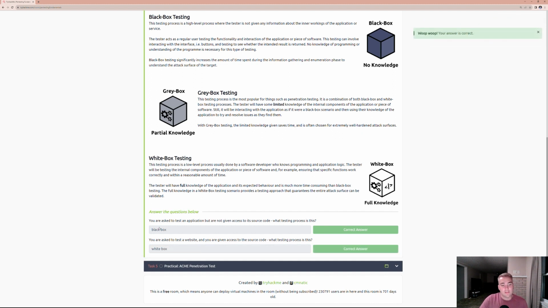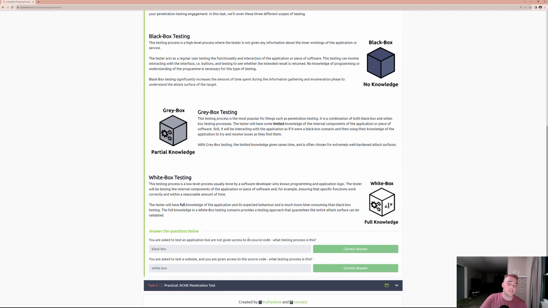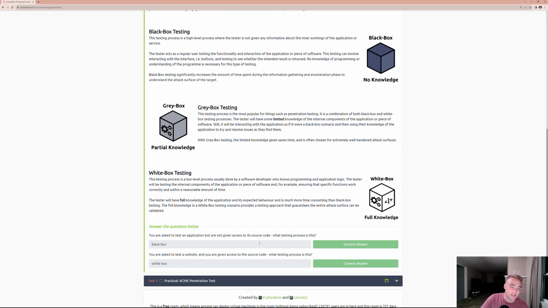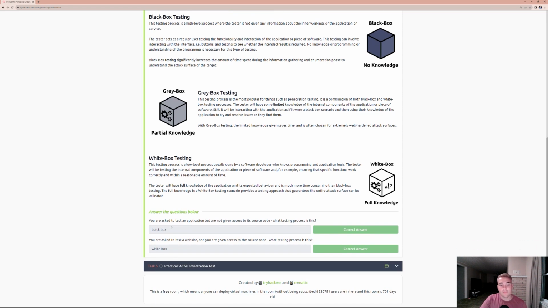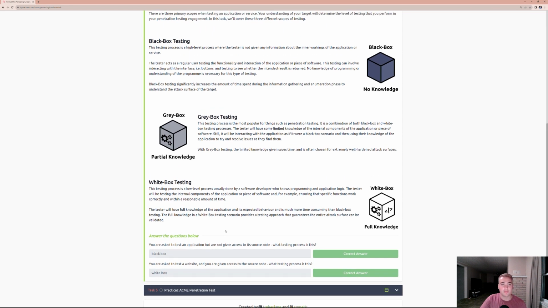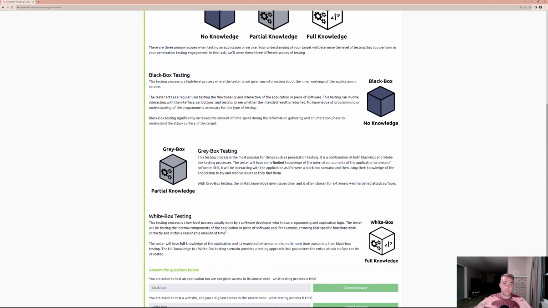So the thing is, though, this is still just sort of a vague question, in my opinion. The first one. The second one, if you're given access to the source code, it's white box every single time. But up at the top, when you're not given access to the source code, obviously here they're looking for black box because they are just talking about this as application level as a whole.